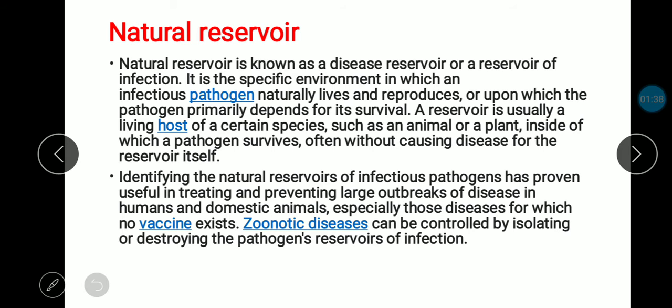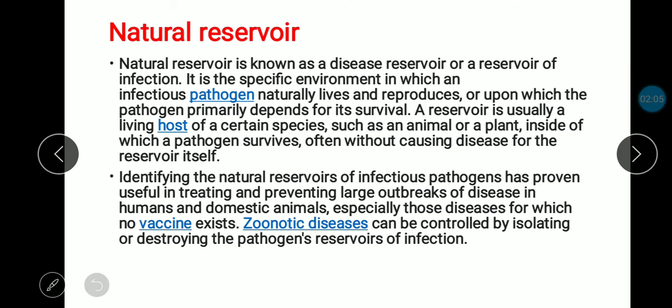Natural reservoir is known as a disease reservoir or reservoir of infections. It is a specific environment in which an infectious pathogen naturally lives and reproduces, or upon which the pathogen primarily depends for its survival.